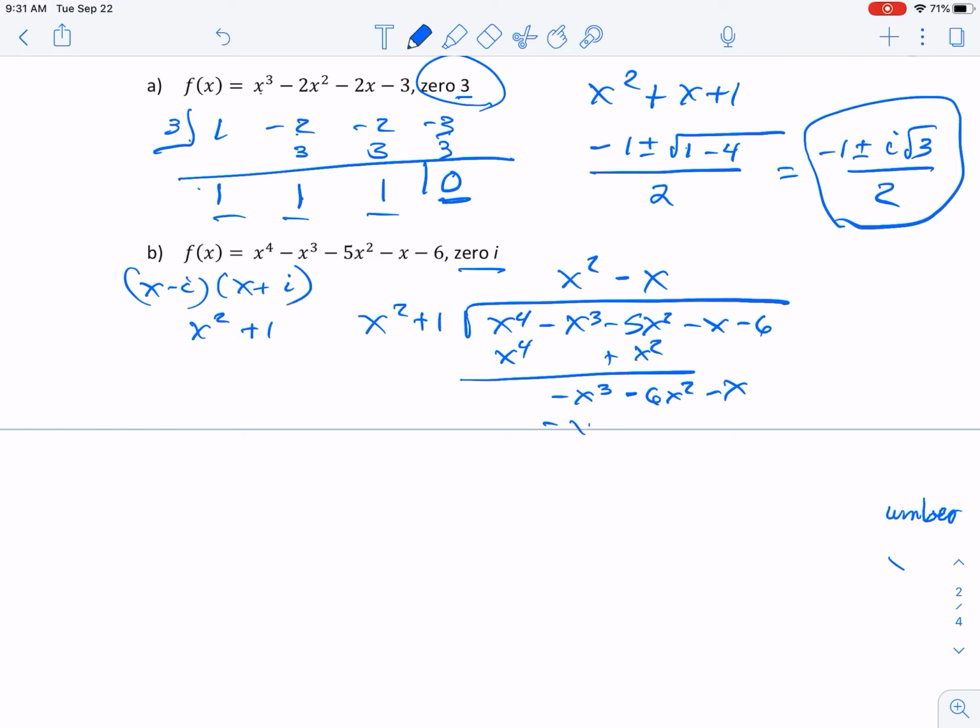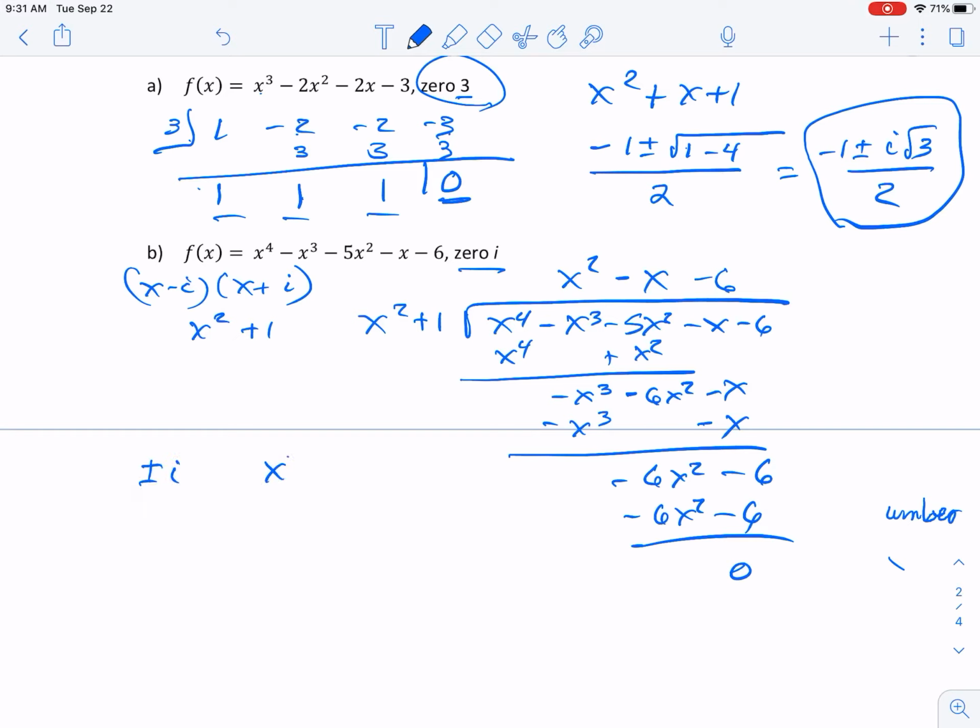You get negative x cubed minus x. You subtract, you get negative 6x squared minus 6. You multiply by negative 6. Negative 6x squared minus 6, and you got 0. So they wanted me to find the zeros, so I have plus or minus i, and now I have x squared minus x minus 6, which factors?